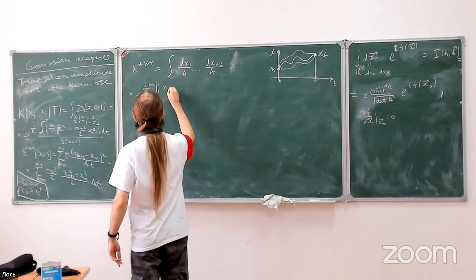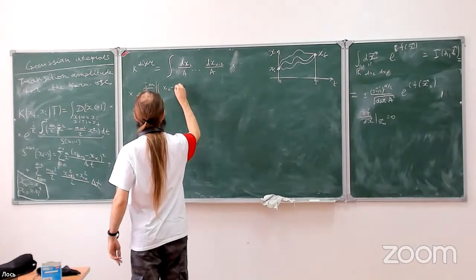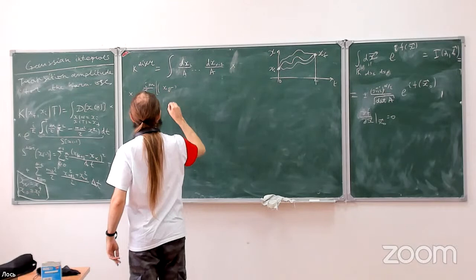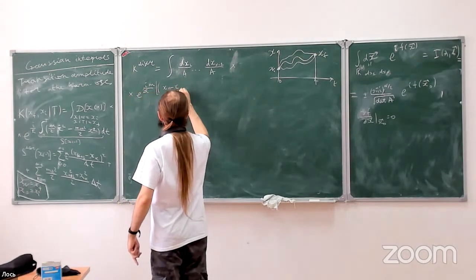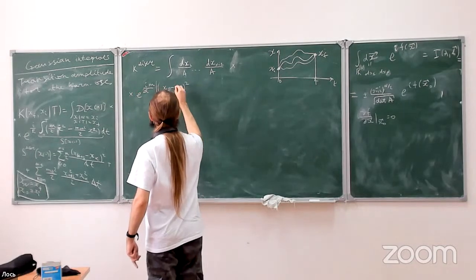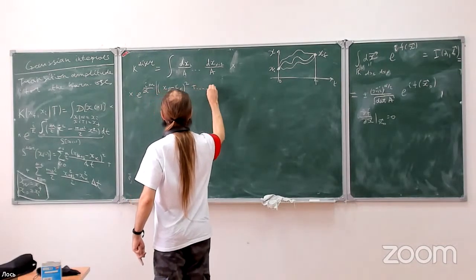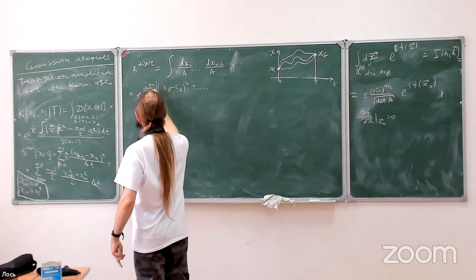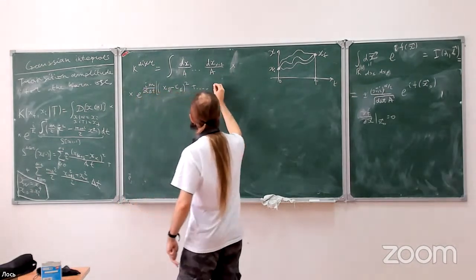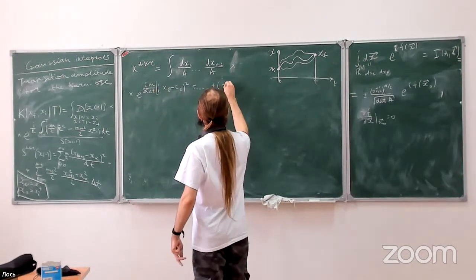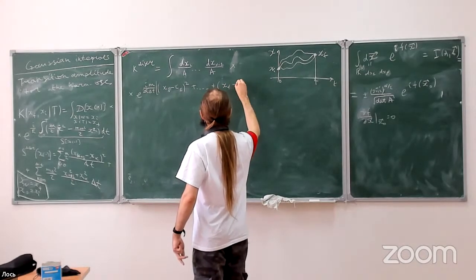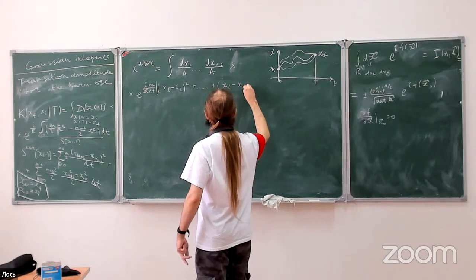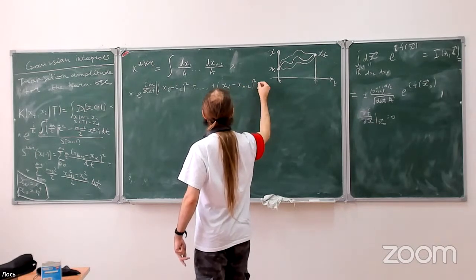This is x0, that is x initial, minus x1 squared, plus or delta t, plus something, plus x final minus x n minus 1 squared.